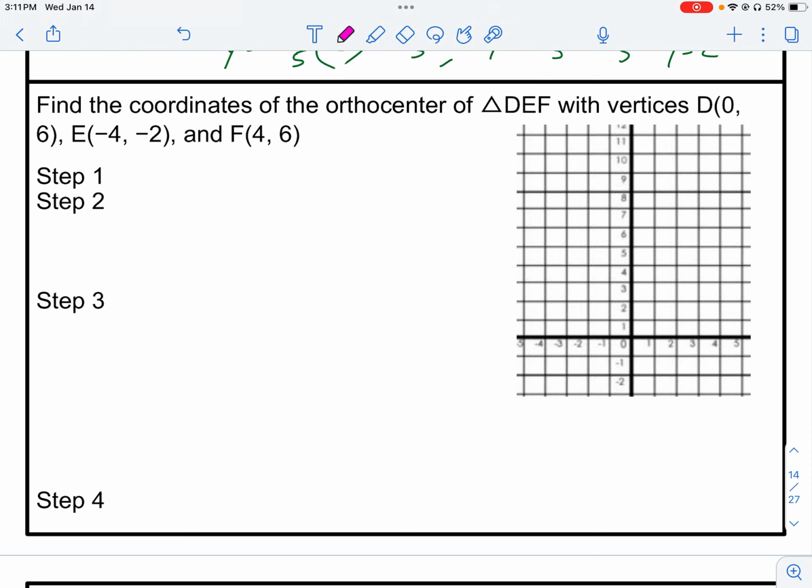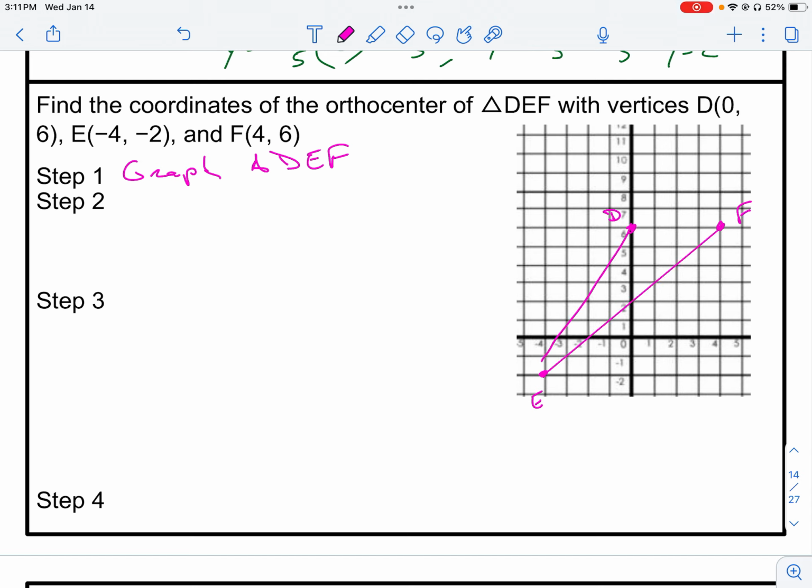So let's do our example again with different coordinates, just to make sure we understand what we're doing. Step 1, we're going to graph triangle DEF. So we get D at (0, 6), E at (-4, -2), and then we get F at (4, 6).